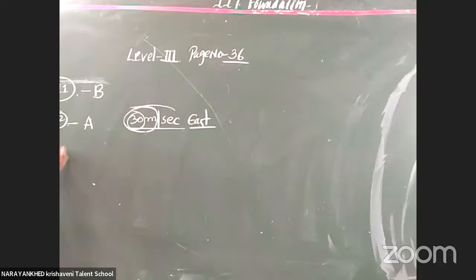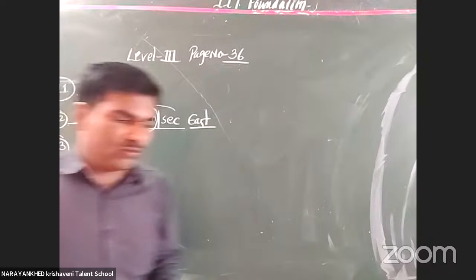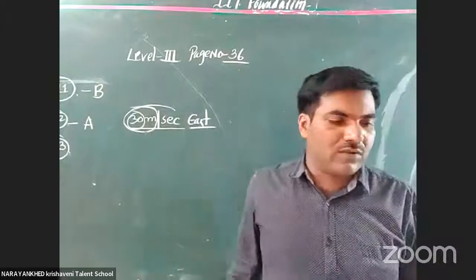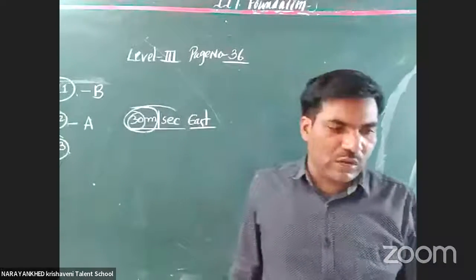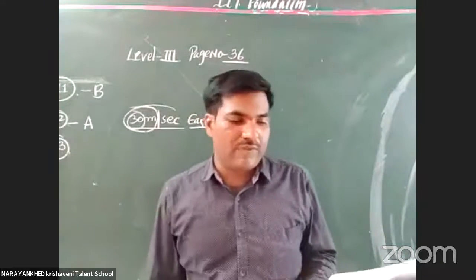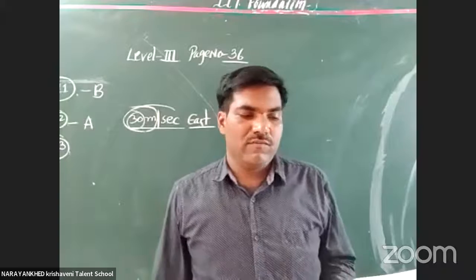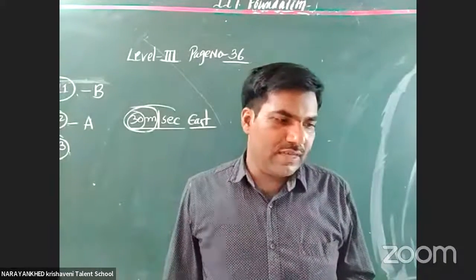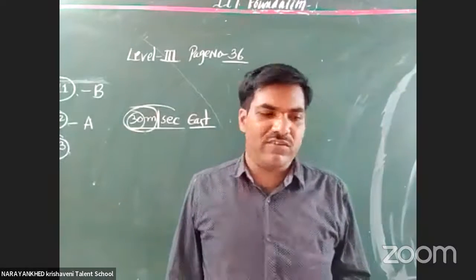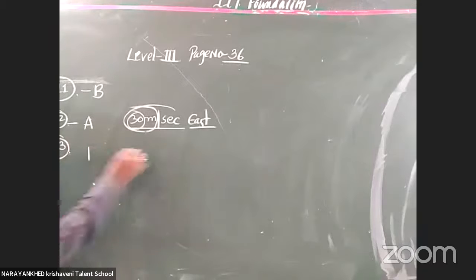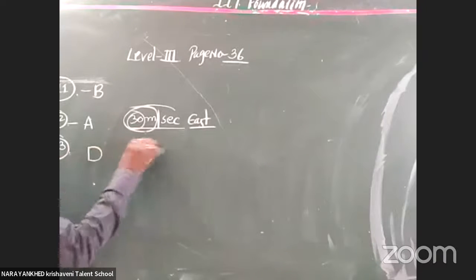And next, the 13th one. What is the 13th question here? Which of the following represents a vector quantity? Which one is the vector quantity here? A is given, B is given, C is given, D bar is given. Now, the vector is in D. The answer is D bar.